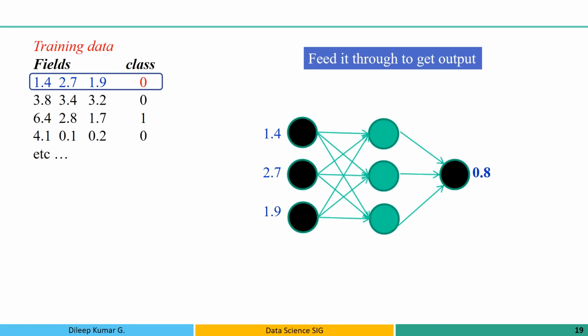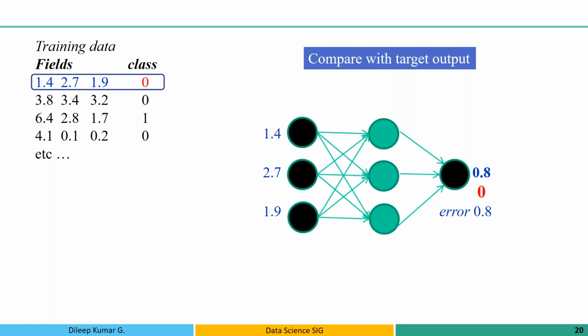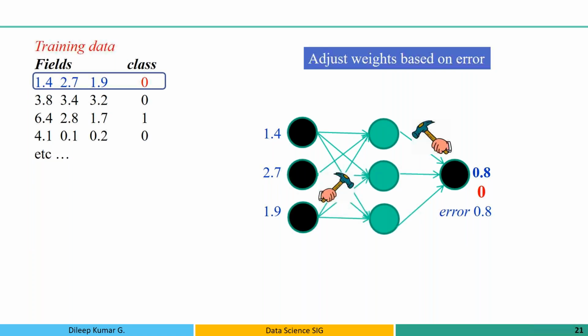But what is the expected class? You can see in the training data, the expected class is 0. That means what is the error here? Almost 0.8 is the error. In that case, I have to adjust the weights so that I get the output class value as 0.